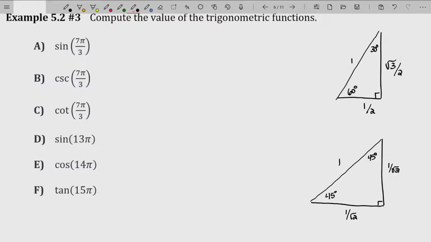Now, we also talked about last time that the angle of 60 degrees ends up being pi over 3, and the angle of 30 degrees ends up being the angle that gives us the arc of pi over 6.